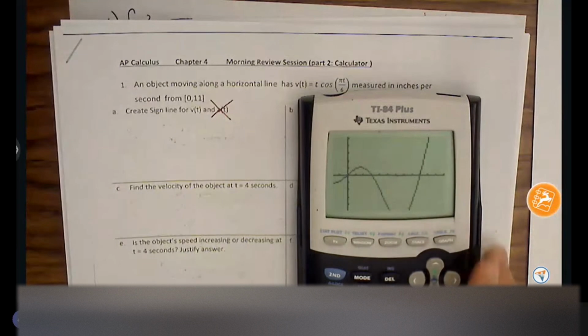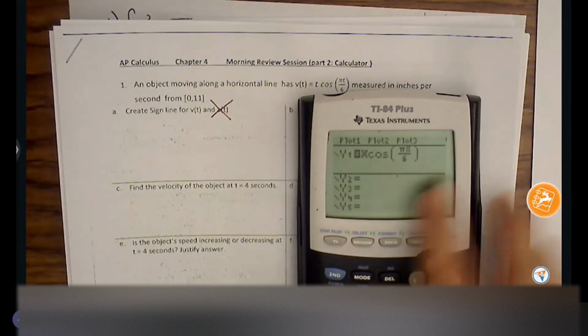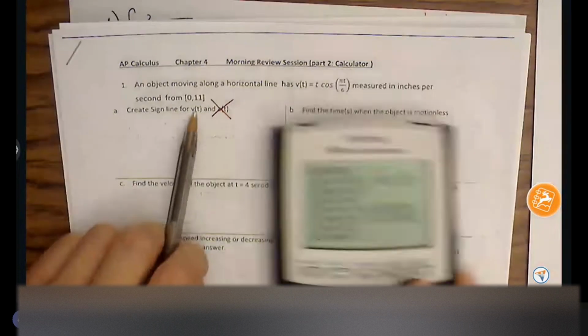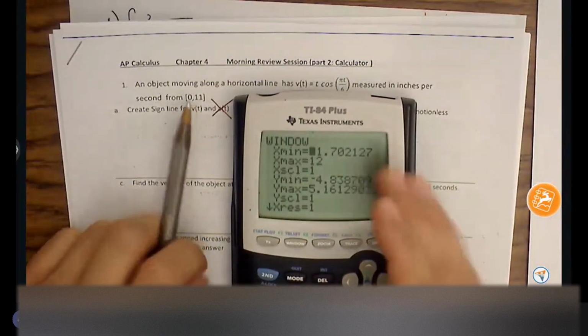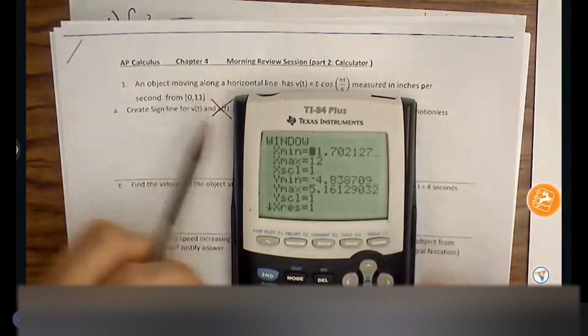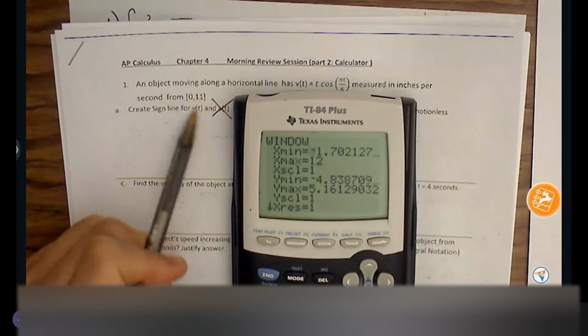Mr. Yang? Yes. Why did you make the x max 12 in the window? Oh, just because my x value is from 0 to 11, so I just want to see around. Oh, okay, you did it based on the range. Right, based off the range.